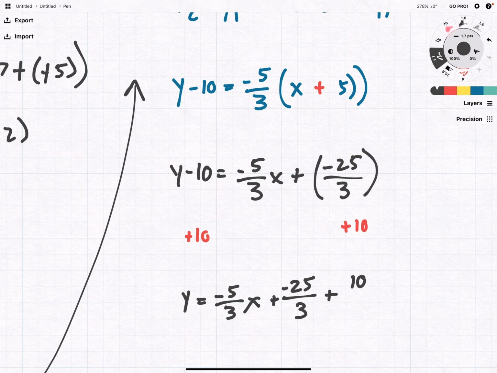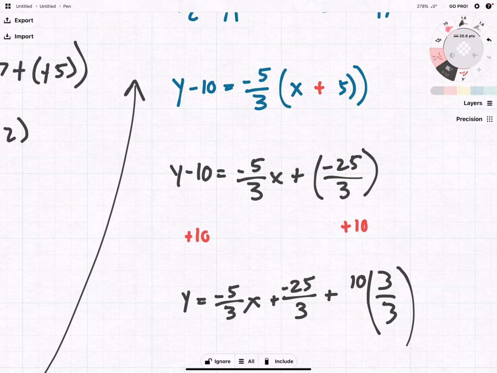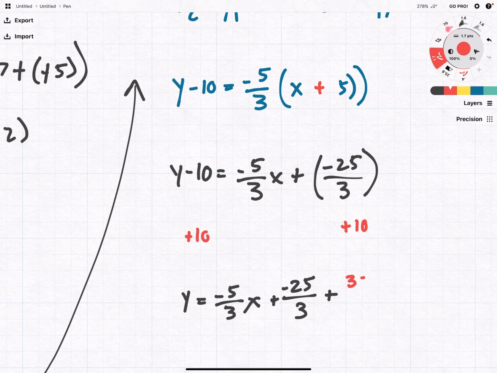Hopefully we could add the 10 to -25/3 in a nice way. So what we're going to do is multiply 10 by 3/3, and that's going to end up getting us 30/3. Great.